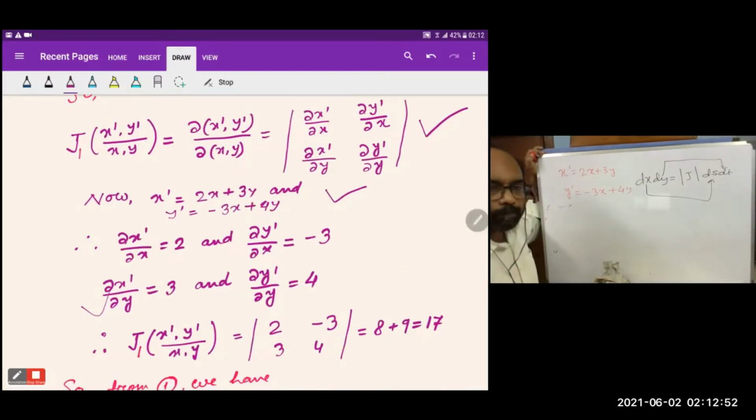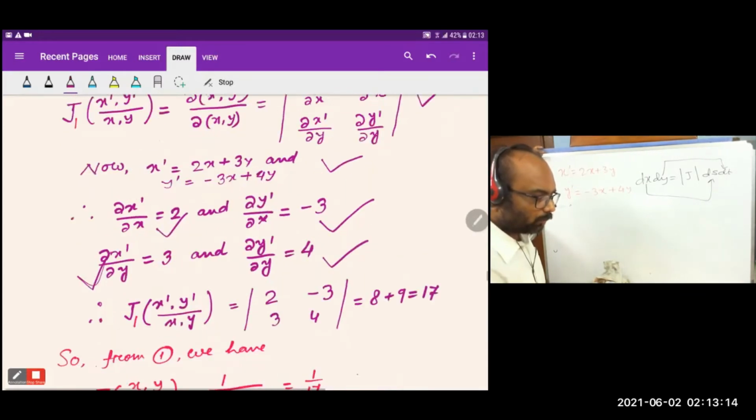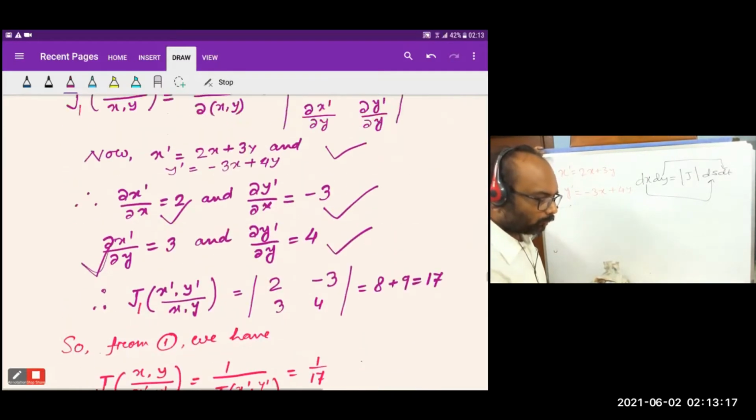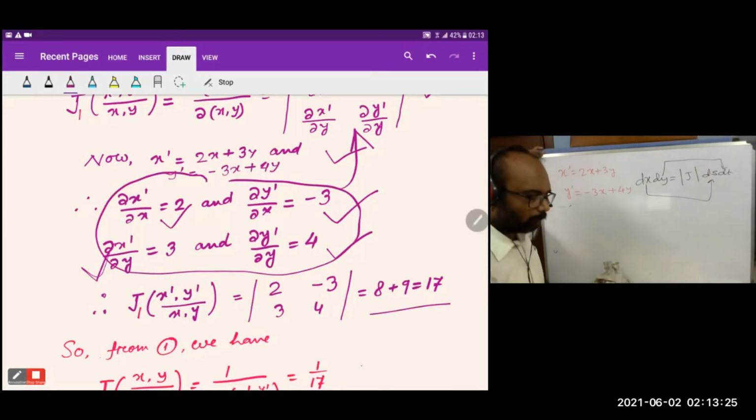So taking the derivative of x dash with respect to x gives me 2, del y dash by del x gives me minus 3, del x dash by del y gives me 3, and del y dash by del y gives me 4. Therefore, putting all these values into this determinant, we get J1 equal to 17.